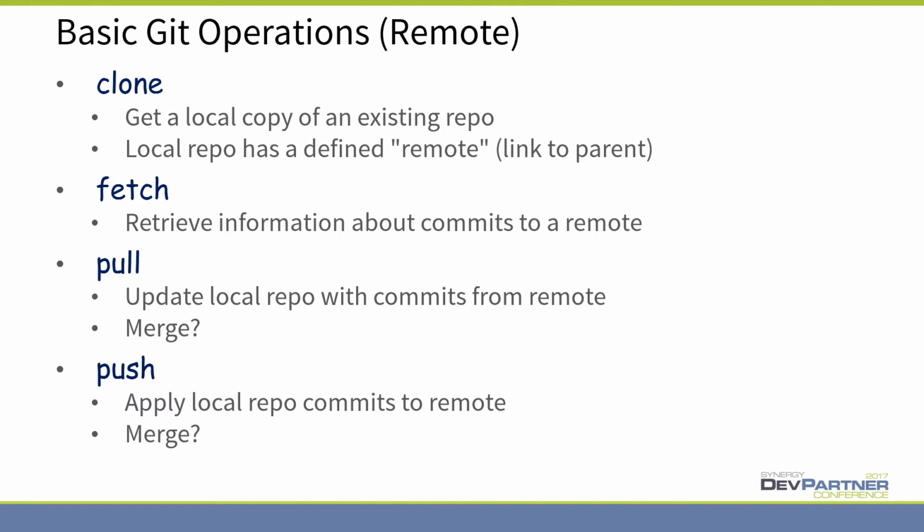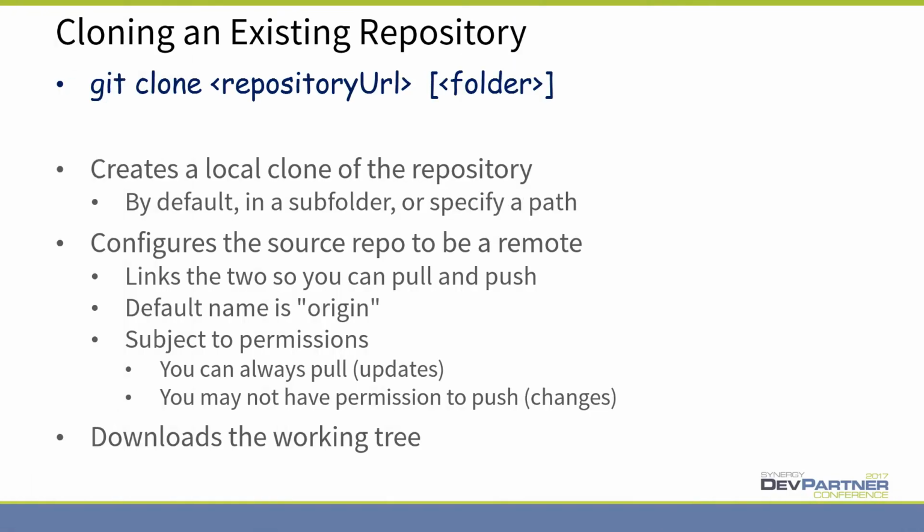So you can retrieve information about what has changed, but without actually pulling the changes. Pull pulls the changes down from the remote to your local system, and push, if you have permission, pushes changes up there. You know, you might push all changes, you might push specific commits, you might push a certain branch. There's all kinds of different options within all of these environments.